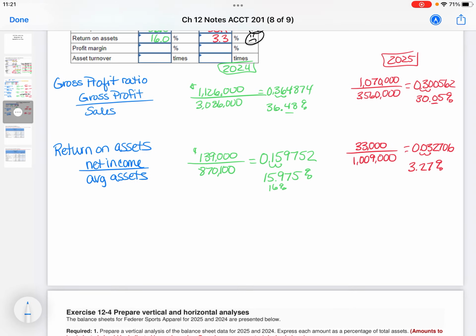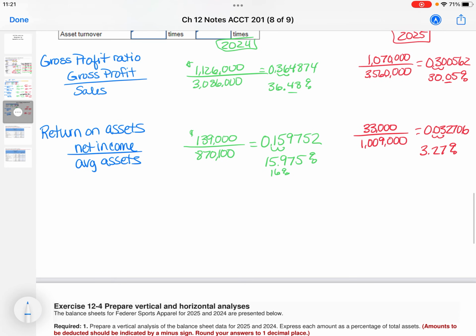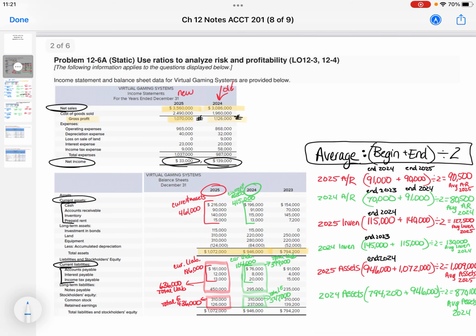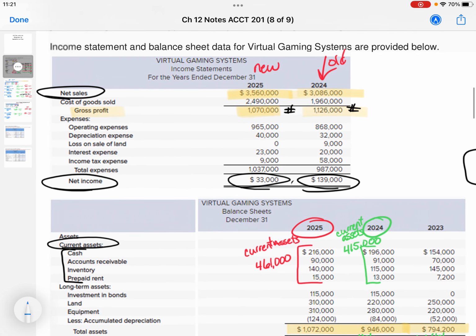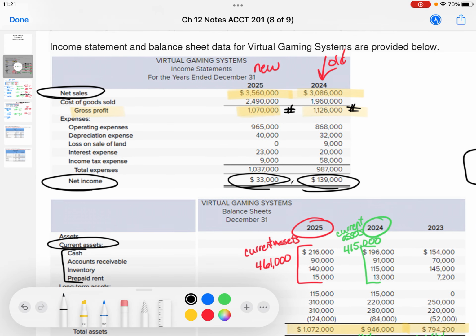The next one is profit margin. Profit margin is when we take our net income and divide it by sales. So this is another one that we would see if we were doing the vertical analysis. I'm about to teach you the vertical analysis, but basically, for an income statement, it's when you take any one of these numbers and divide it by sales.